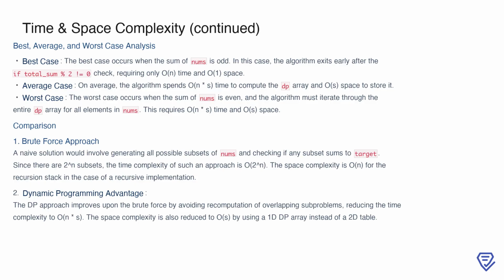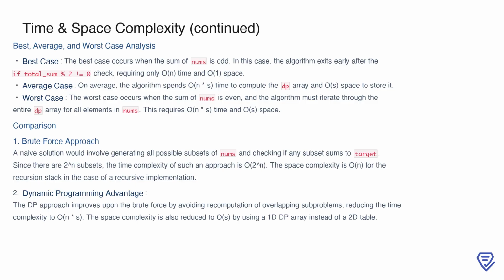Looking at the best, average, and worst case scenarios, we see some interesting differences. In the best case, if the sum of the array nums is odd, the algorithm exits early after the if total_sum % 2 == 0 check. This requires only O(n) time for the sum(nums) operation and O(1) space for the constant variables.